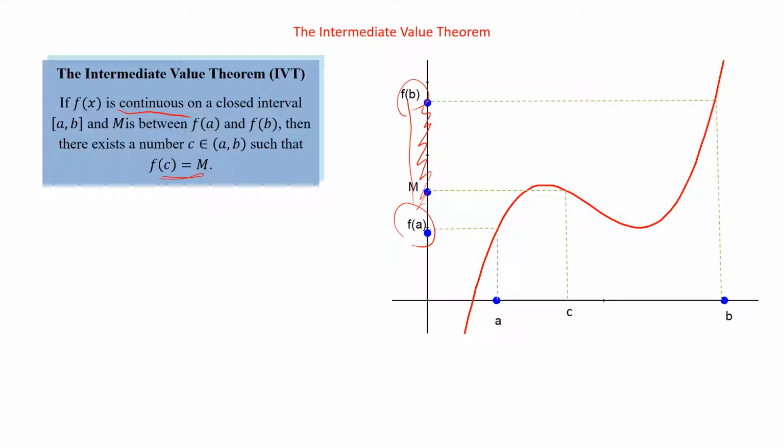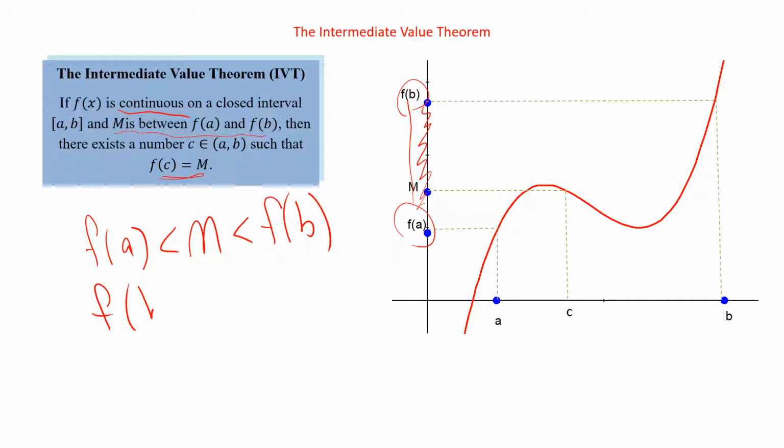A part that sometimes gets people is that M is between f of a and f of b. Why not just write it as f of a is less than m is less than f of b? Because f of b could be bigger. It could be f of b is less than m is less than f of a, and either one of these, it doesn't matter.